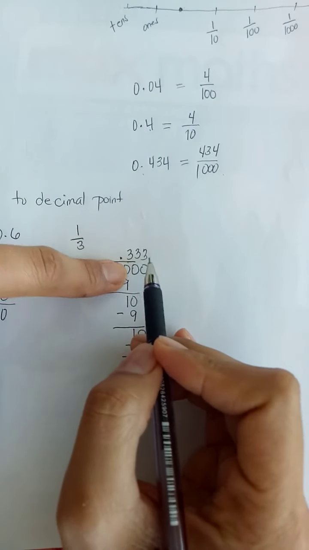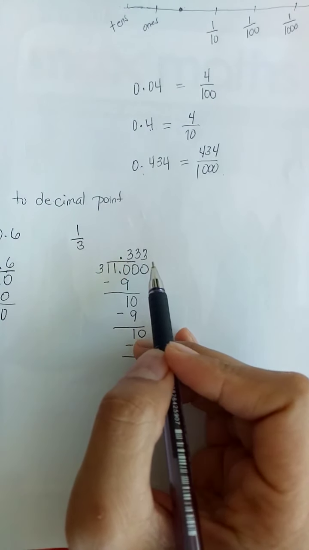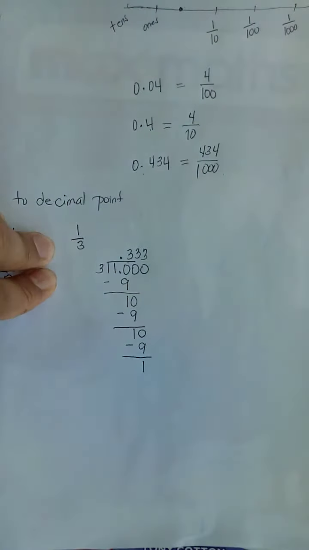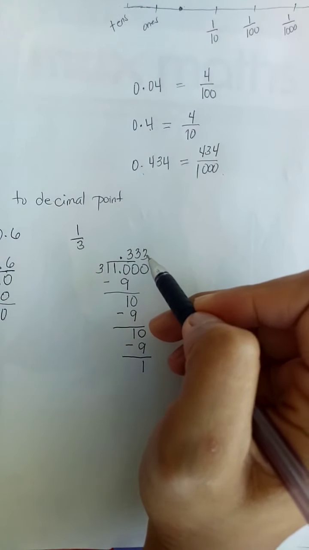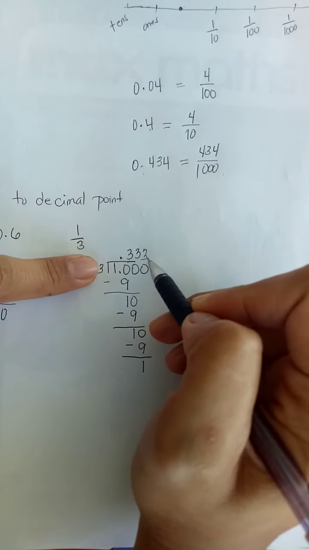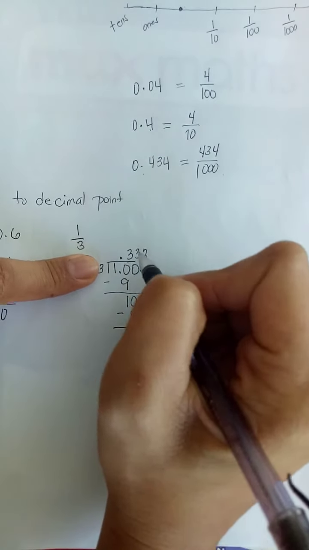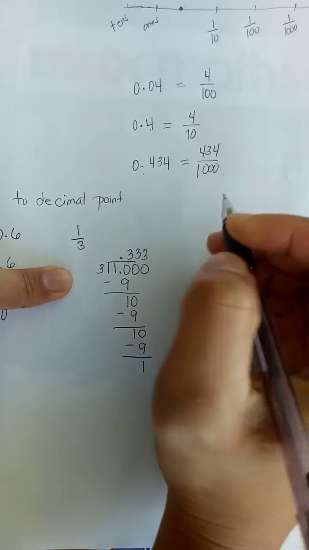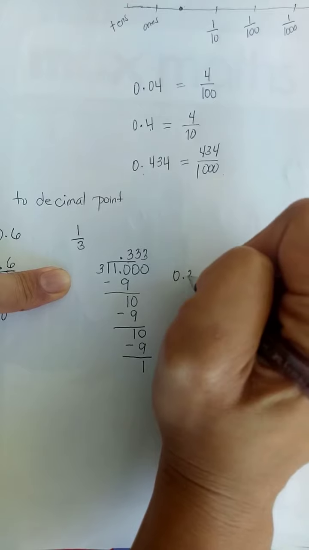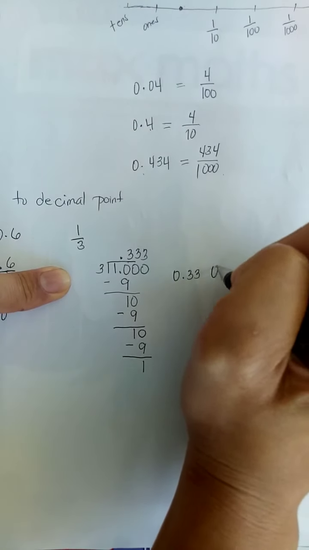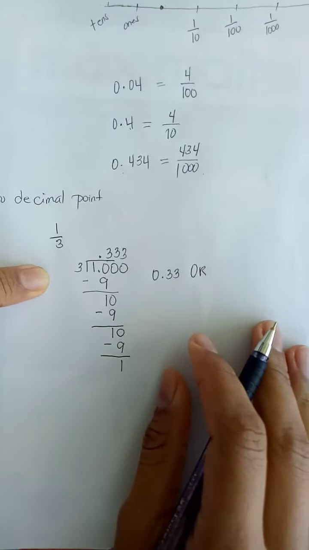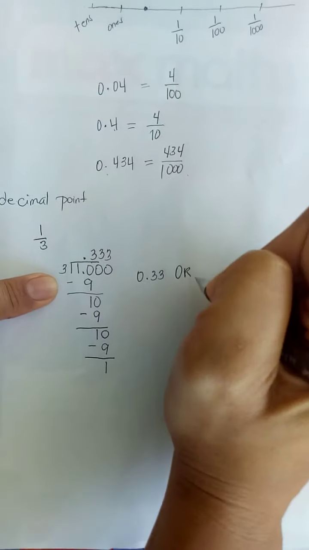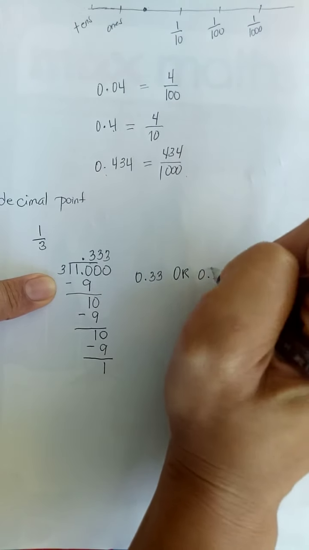You can stop on the third digit, and then you can round it off. But since 3 is less than 5, your answer can either be 0.33, or you can write a line on the first digit 3, 0.3 and a line.